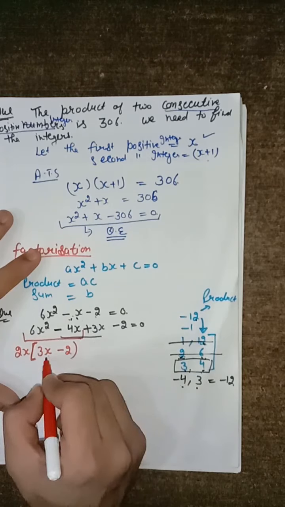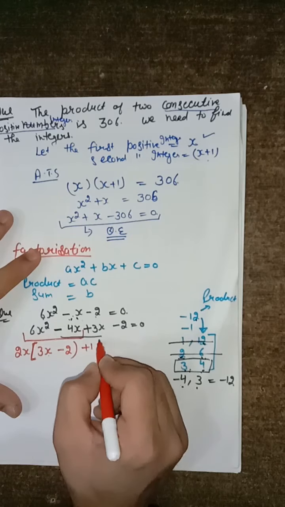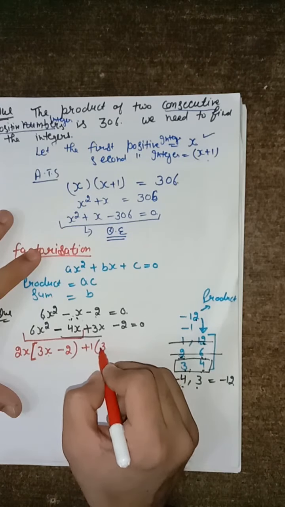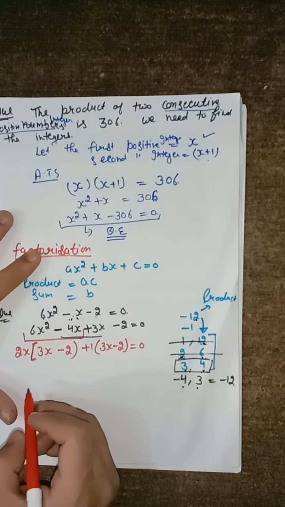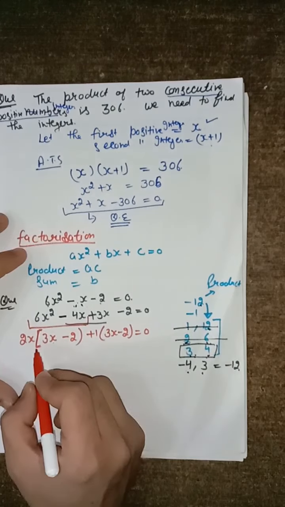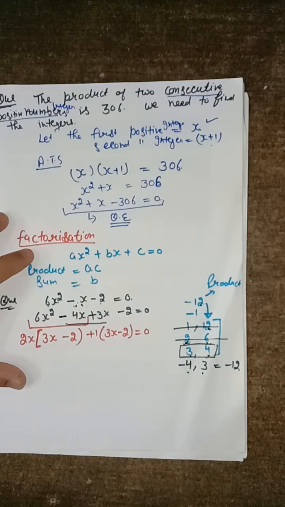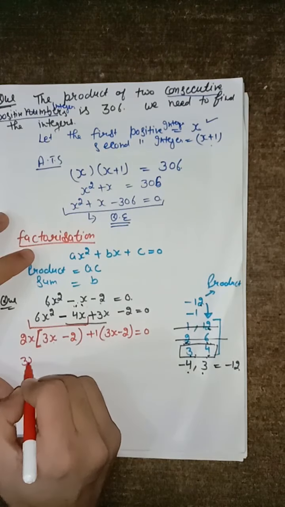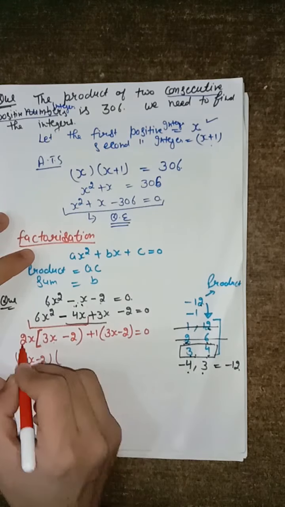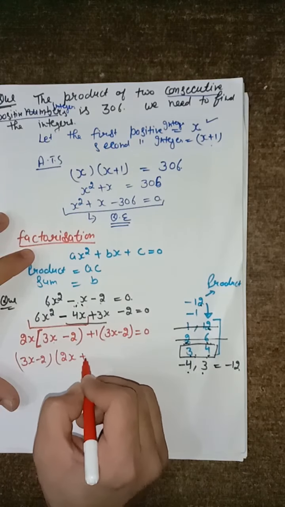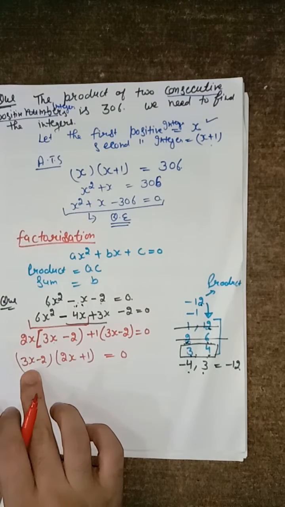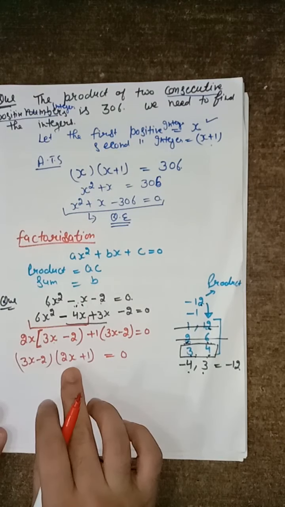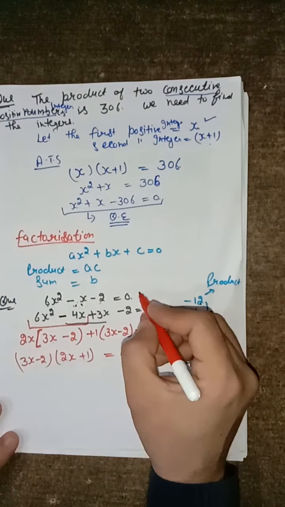And to make this thing same, we common out 1. We are left with 3x minus 2. Now from both we have common thing 3x minus 2 and we are left with 2x plus 1. Means 3x minus 2 and 2x plus 1 are the factors of this polynomial.